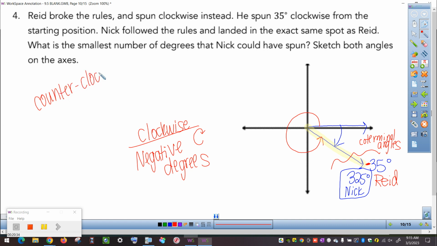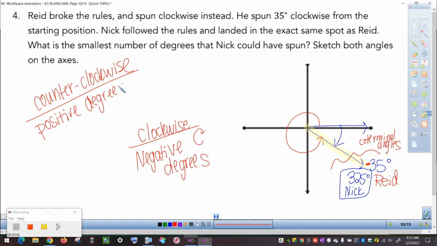Whereas how we started today, counterclockwise is what gets us our positive degrees. And if you want to make a little picture here of how counterclockwise goes, it would look something like this.